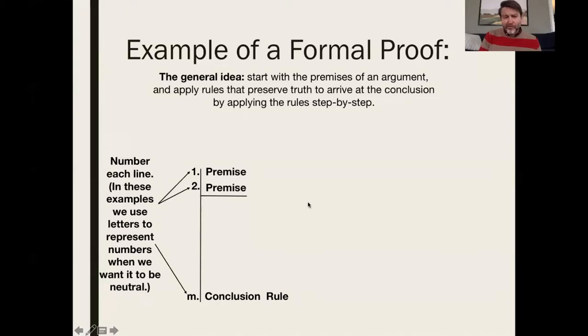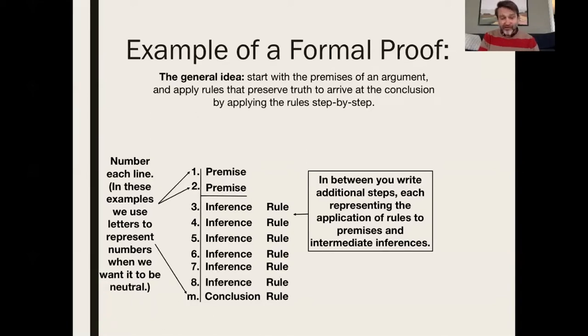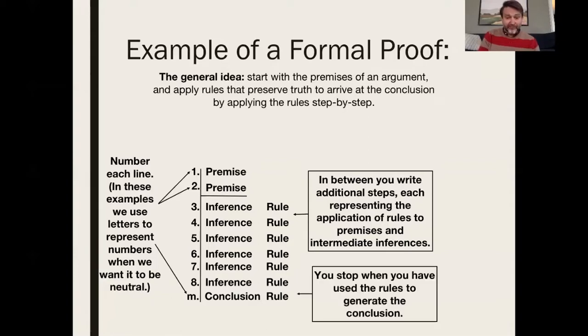Okay, so we start with our premises. And then in between this, we're going to write additional steps, each representing the application of a rule to premises and the intermediate inferences that we draw from those premises on our route to the conclusion. So for example, we might draw 2 inferences from our premises, applying rules along the way, some more inferences and some more inferences, until finally we reach the conclusion.